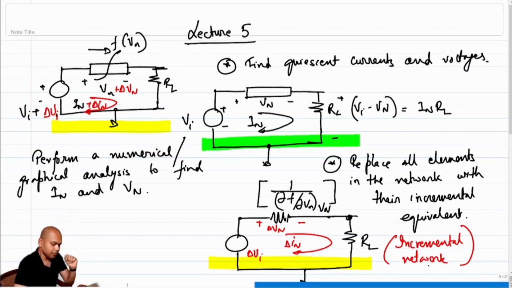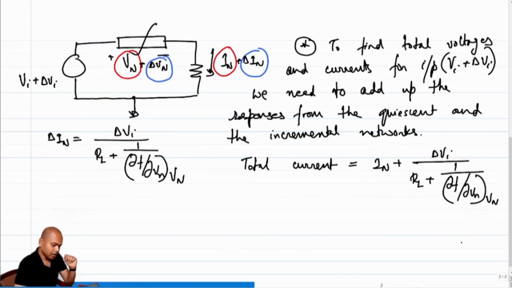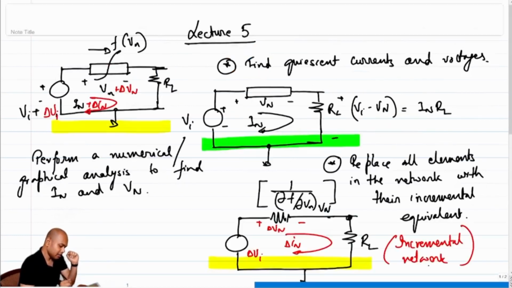So essentially now you end up having two quantities. One is the quiescent, or the operating currents and voltages. Another is the incremental currents and voltages. In order to find out the total, you just simply add them up. And what is so great about this? The great thing is that now if delta Vi changes, let's say delta Vi is 1 millivolt, I just replace delta Vi with 1 millivolt.